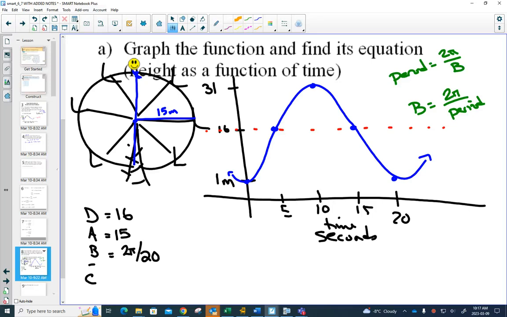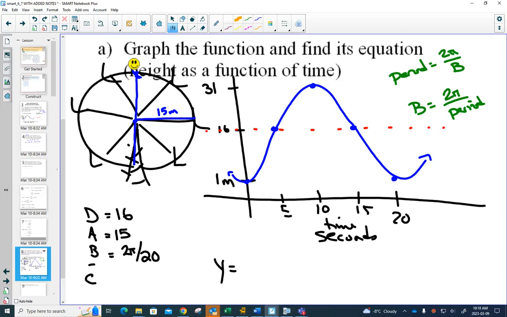And we now want to find the equation. The C value is going to be different depending on what kind of equation you want to write. So, if you had this equation, I would say the most typical equation written from this one would be a negative cos graph.